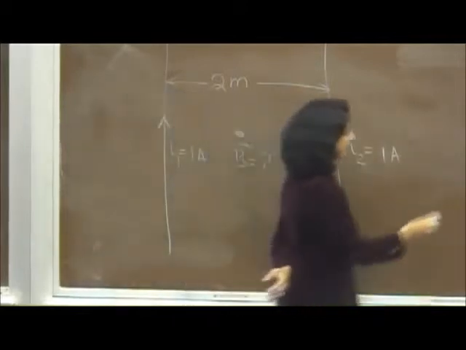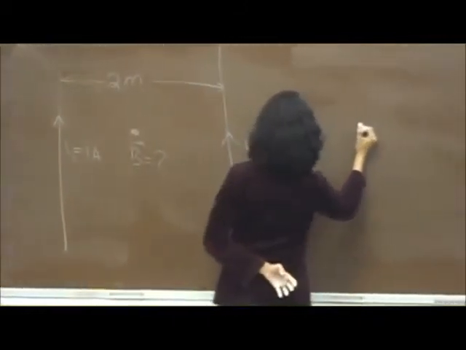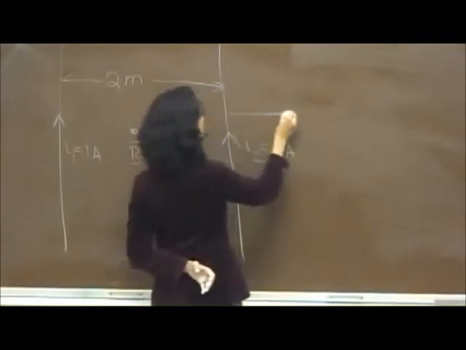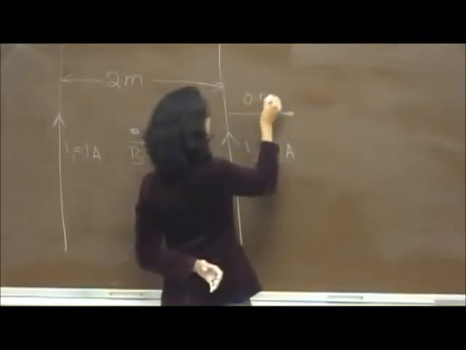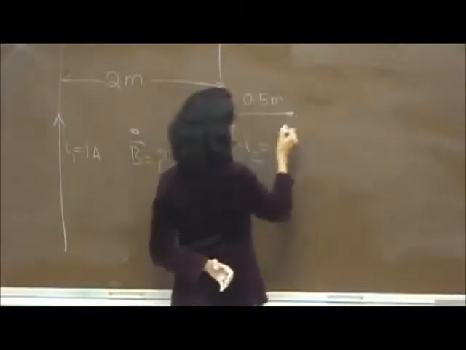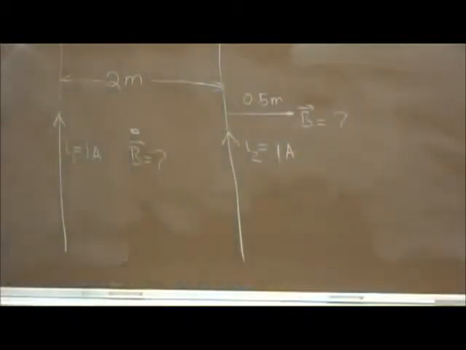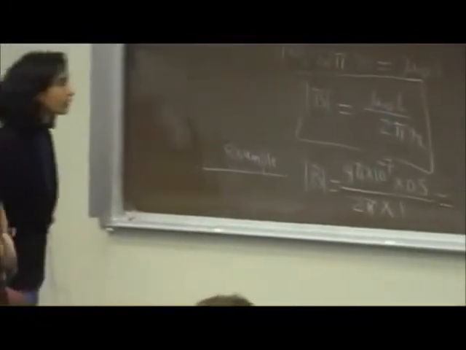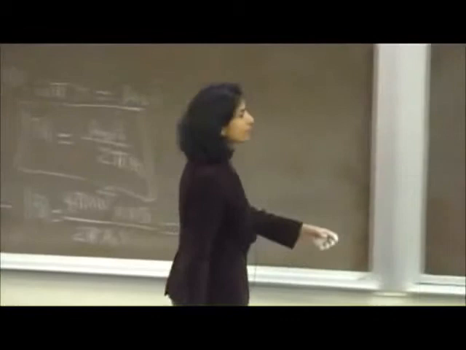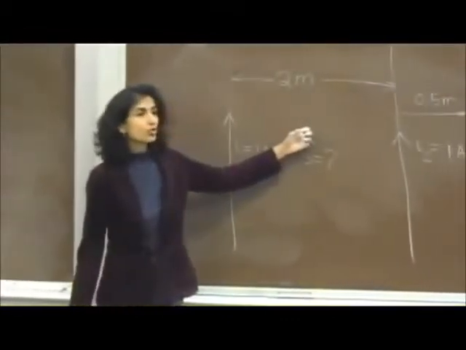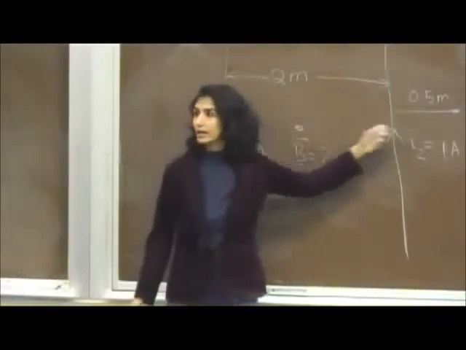The other question is, what is the magnetic field here, say at a distance of 0.5 meter to the right of this wire? And when I say what is the magnetic field, remember, magnetic field is a vector quantity. It has both magnitude and direction. So first, what do you think we could do? Do you think that the magnetic field at this point is produced by both wires?